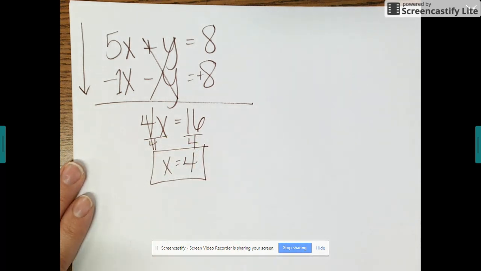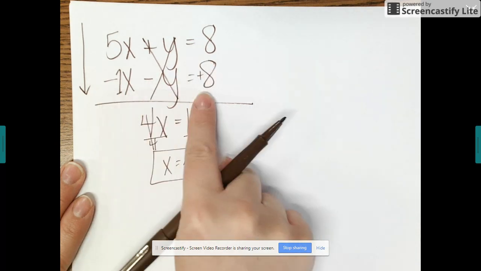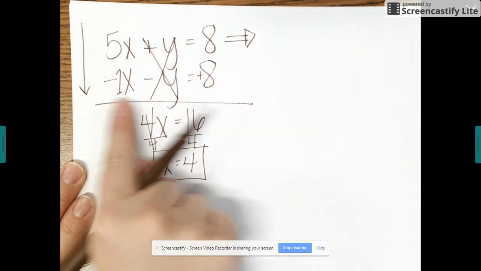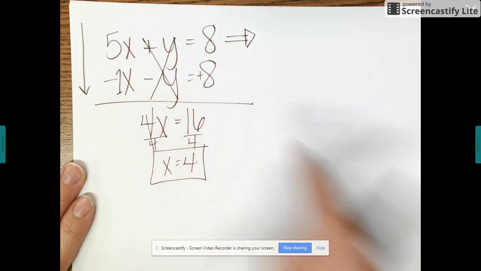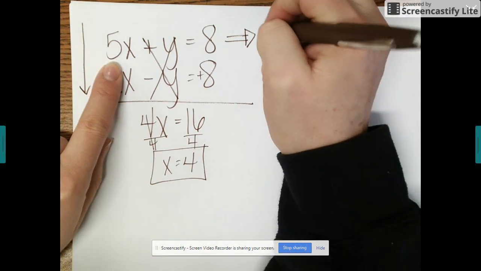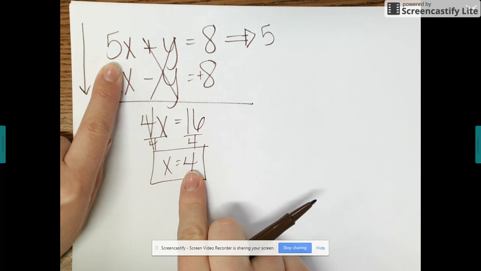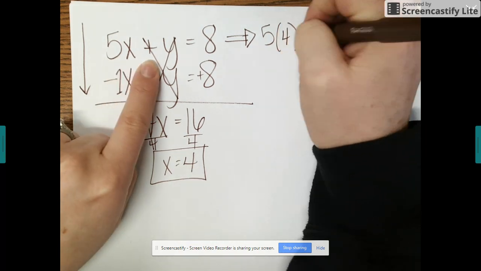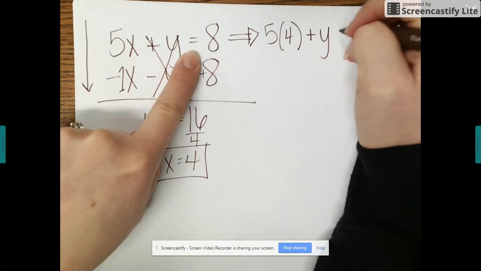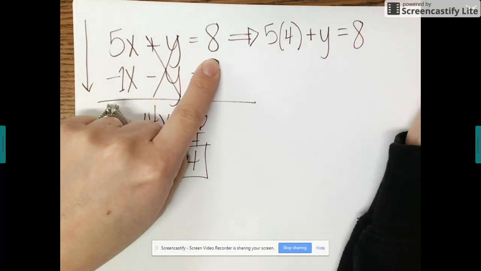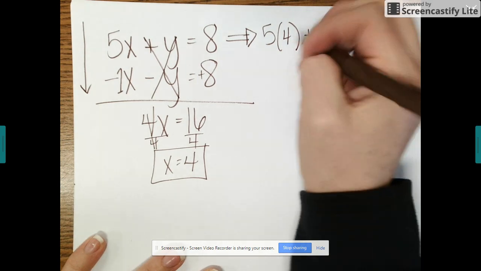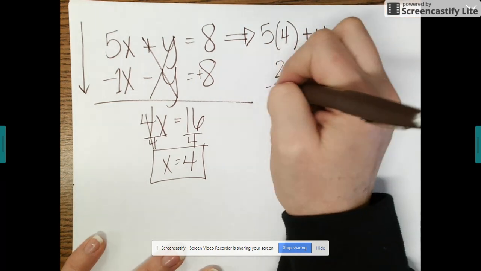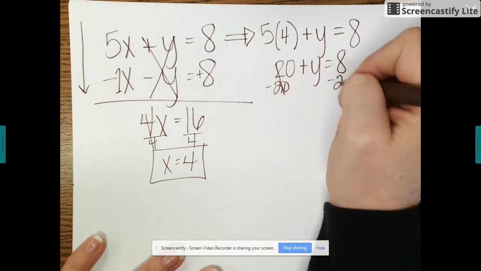Okay. Then pick top or bottom. Let's pick top this time. And possibly the bottom would probably be the easiest. So every time you see an x, you're plugging in 4. So 5x, which is 4, plus y equals 8. Multiply first, and then subtract.